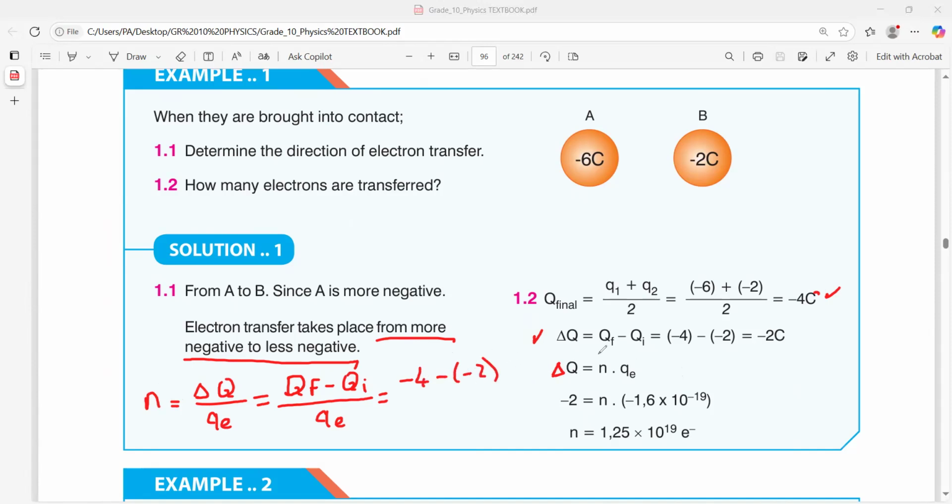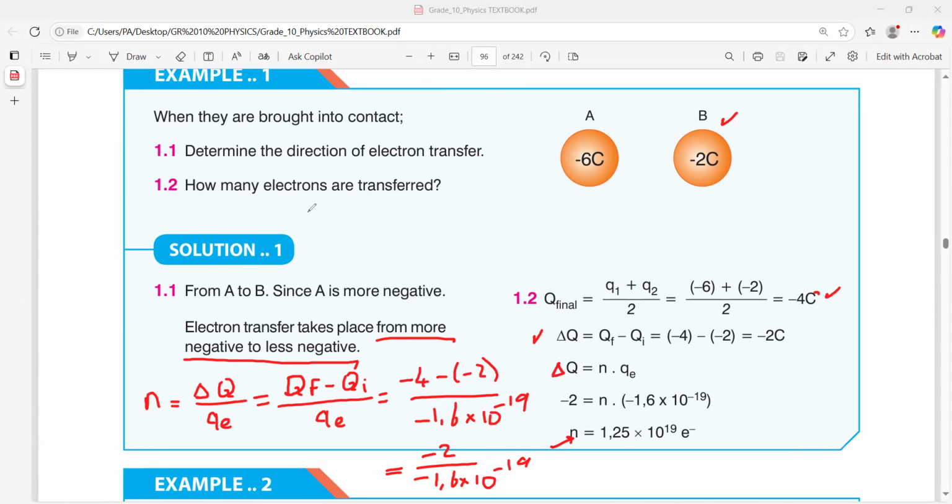For Q initial, you can use Q1 or Q2, it's up to you. For now, we are using Q2, negative 2, and divide by 1.6 times 10 to the power of negative 19. So negative times negative makes positive 2, and negative 4 plus 2 makes negative 2, over negative 1.6 times 10 to the power of negative 19. You must use the negative sign for this, and then you get the answer.